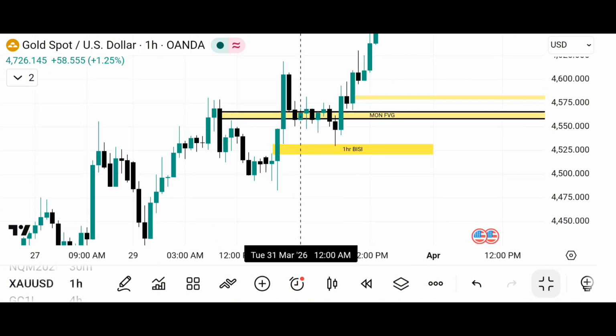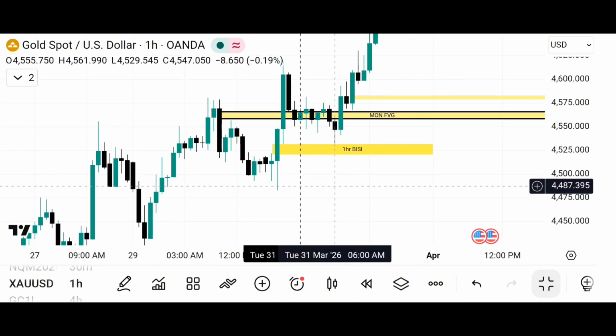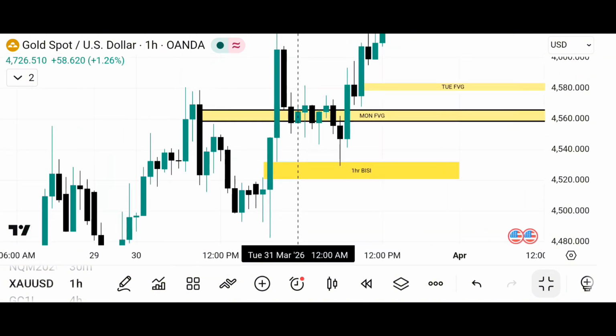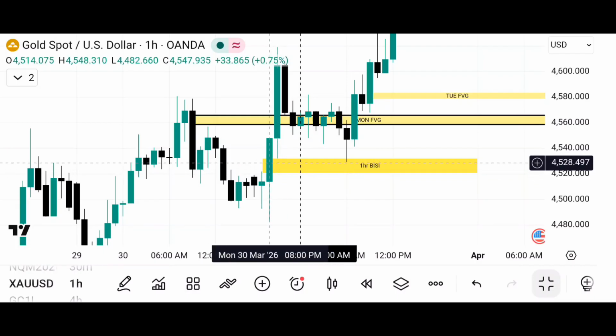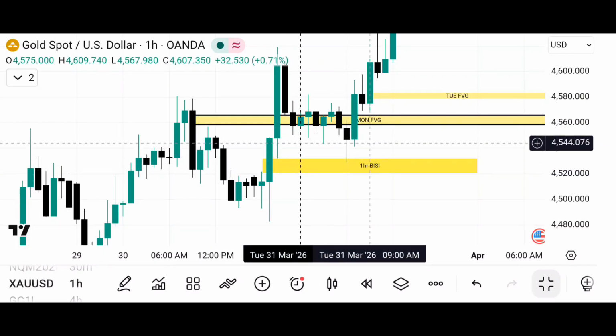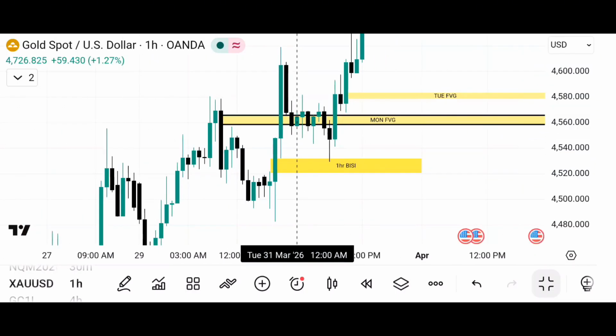Now on this day, after the London kill zone at 6 a.m., you can see price trading down into this 1 hour CB, this inefficiency, to rally up.